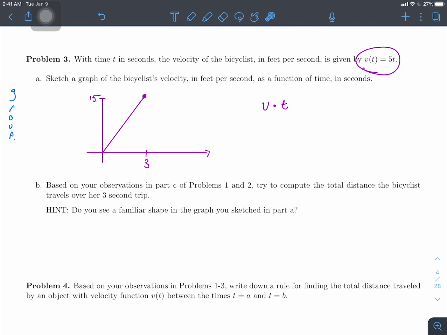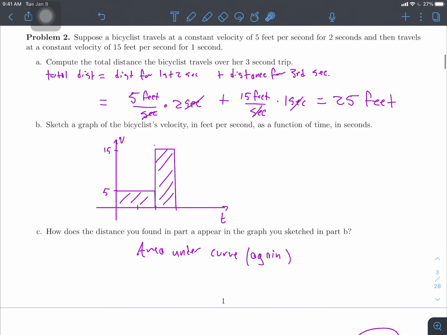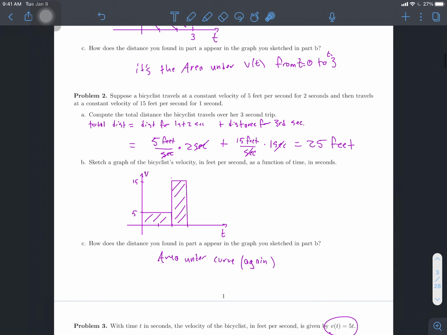So we need to use a more sophisticated technique, which is we need to go back and remember that the last part of each of these problems was how does the distance we found appear in the graph? Well, the distance in both of these cases was the area underneath the curve, right?